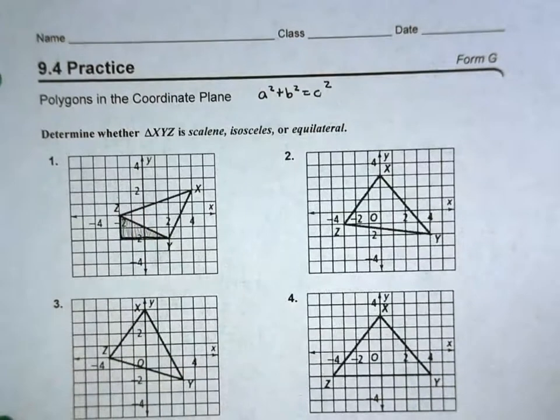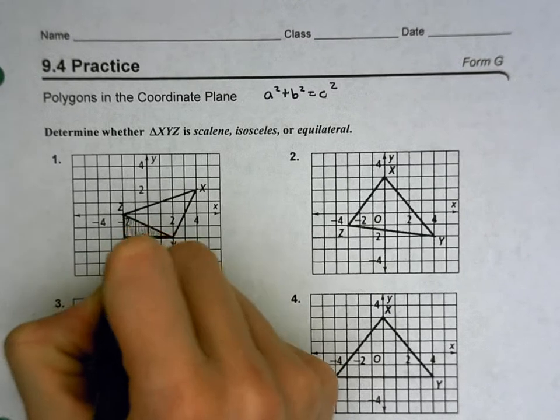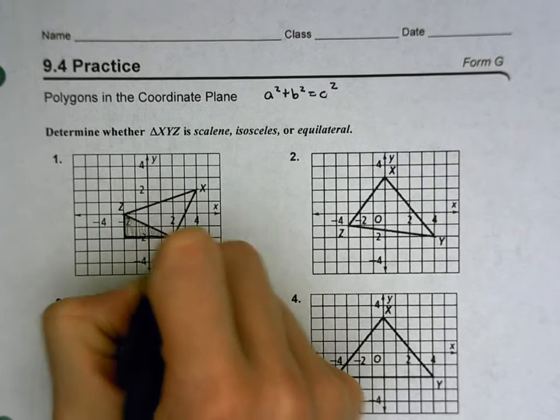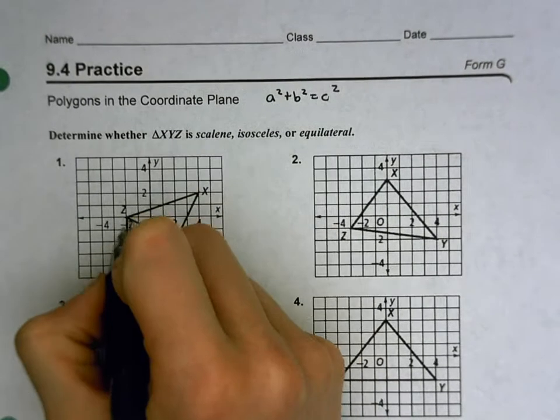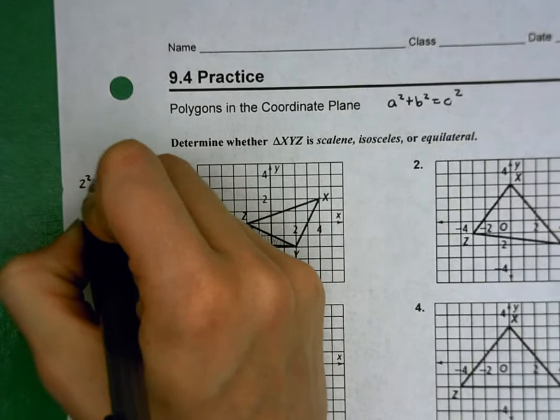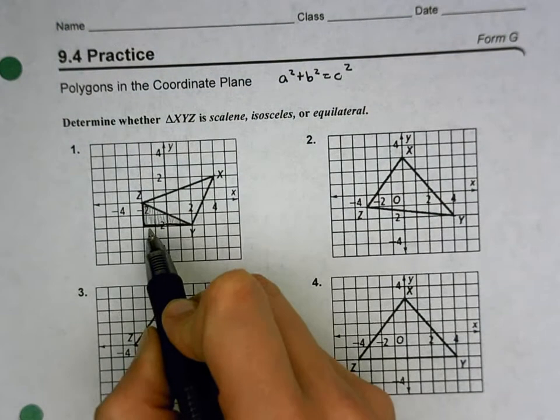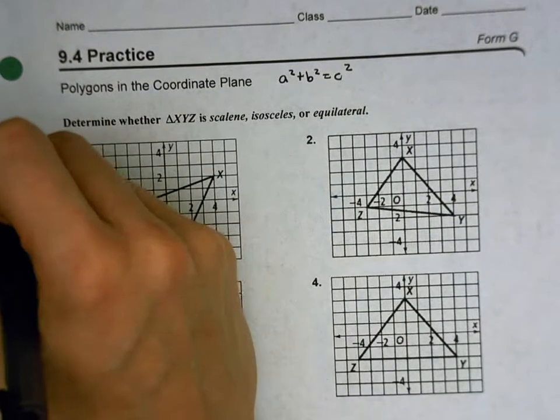Right? And in drawing in this right triangle, I now have an A, B, and the C that I'm trying to find. And so my A in this case is 2. Right? 1, 2, it's a length of 2. So my A is going to be 2. My B is going to be 1, 2, 3, 4.